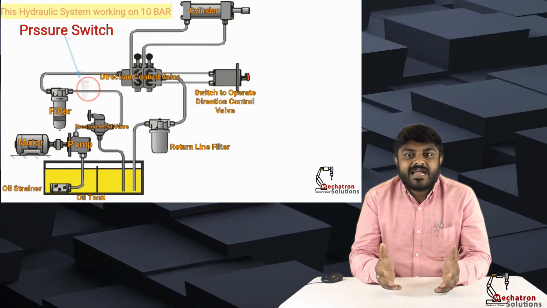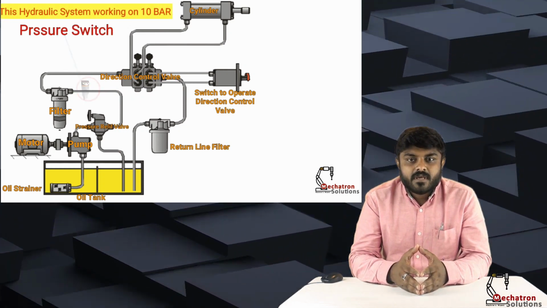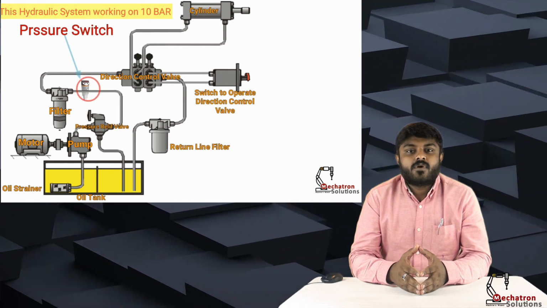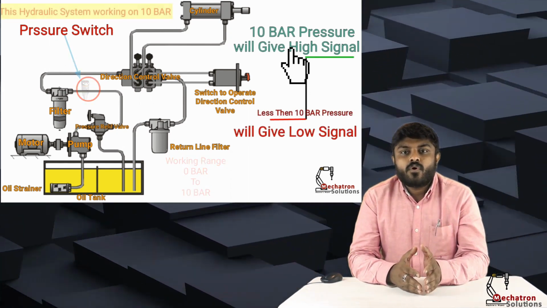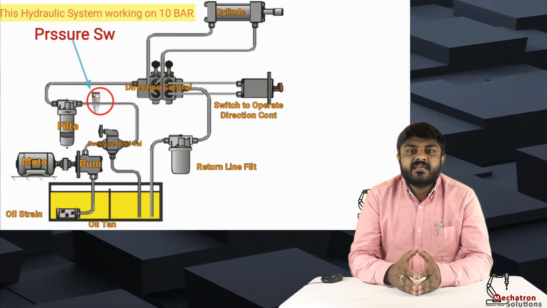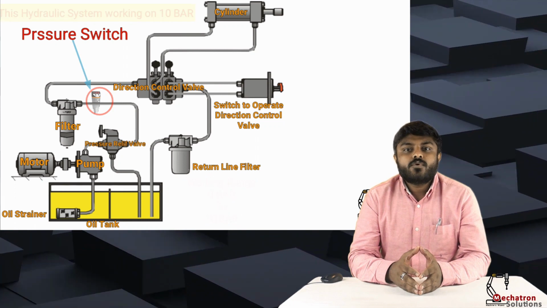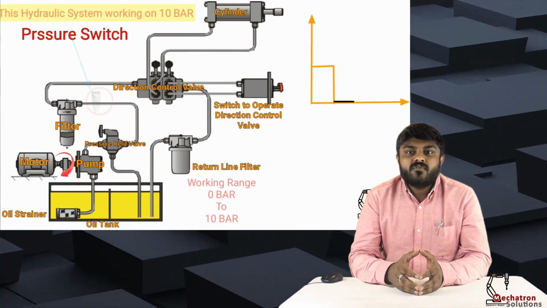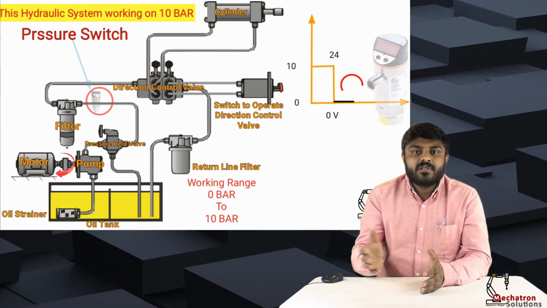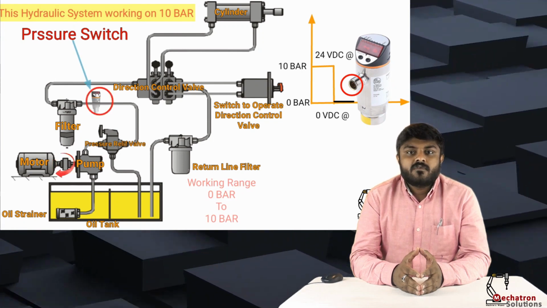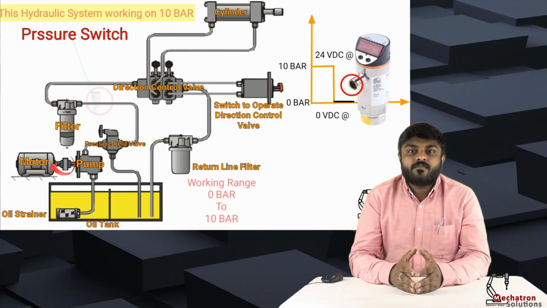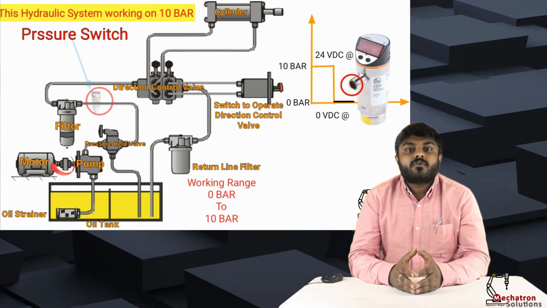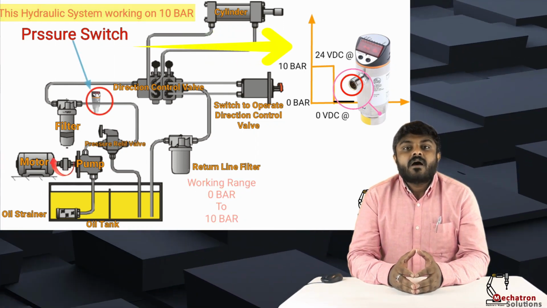First, we start with the pressure switch. A pressure switch has only two states, like high or low. Our pressure switch working range is from 0 bar to 10 bar and we want to install it into a hydraulic system. When the system builds 10 bar pressure, the pressure switch will give 24 volt at its output terminal.